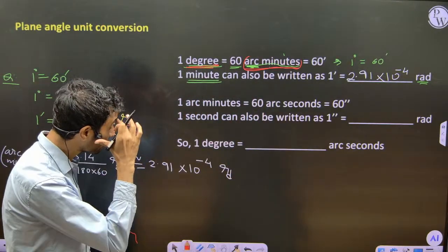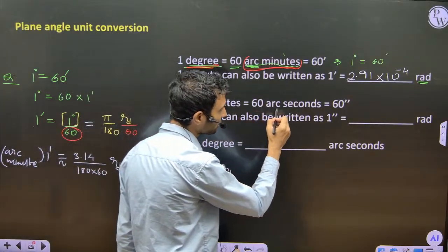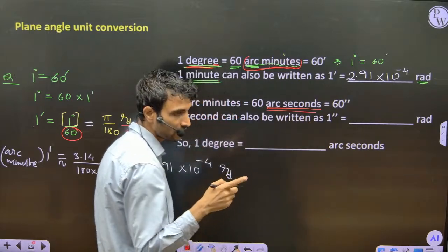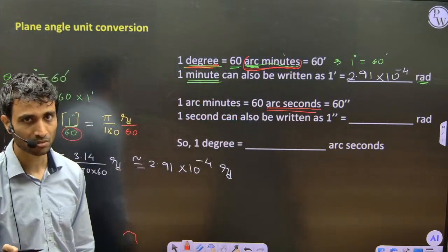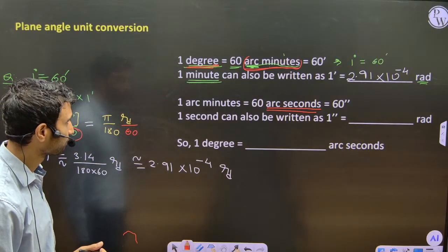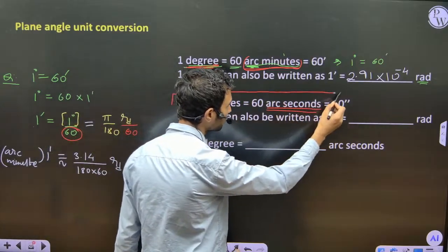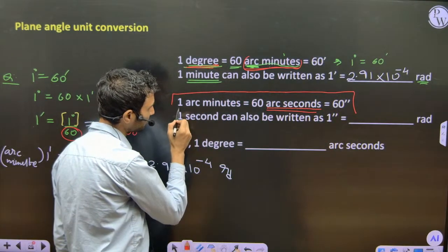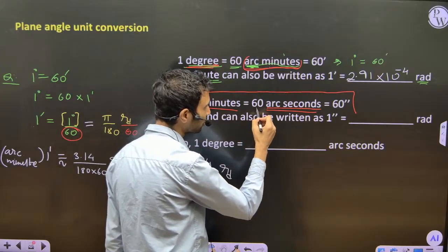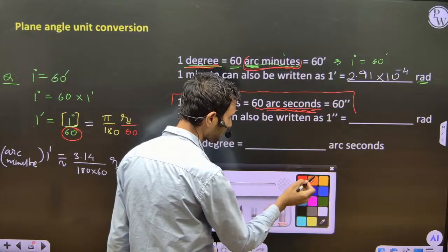So now what I'm going to do is I'm also going to check what is 1 arc second, right? Like we studied 1 arc minute, let us also see what is 1 arc second and write a relation with them. The way it is defined tells us that 1 arc minute is actually equal to 60 arc seconds. And arc second is represented by which symbol, kids?